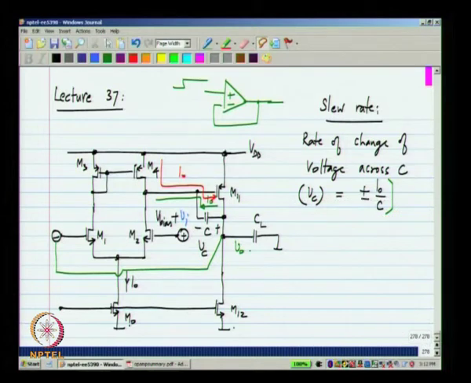So, it looks like the slew rate is similar to what we would get in a single stage op amp, but we have to consider other things here. Let us say that V naught, which is Vc, is changing at some rate.